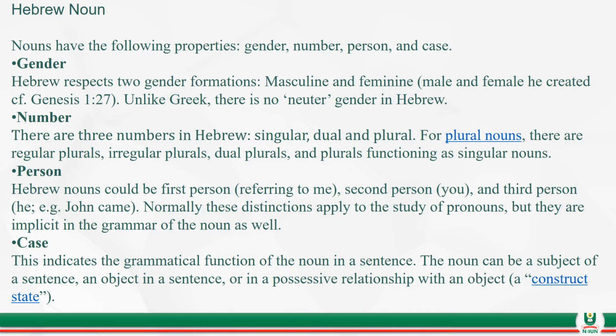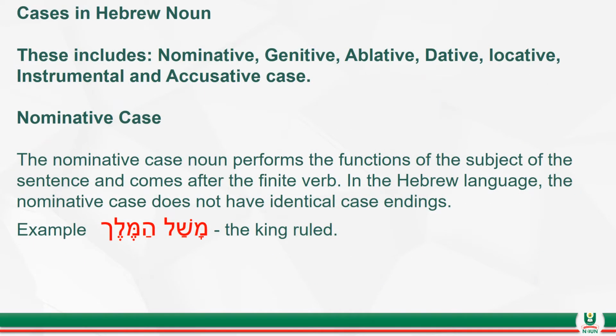Now, beginning with the noun. Nouns in Hebrew have the following properties. It has the property of gender, of number, of persons, and of the cases. Let's begin with cases.